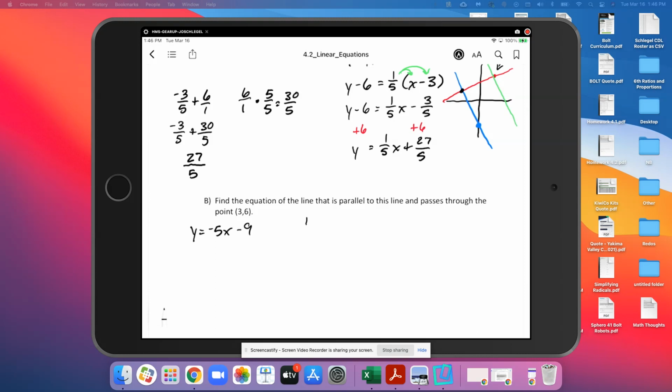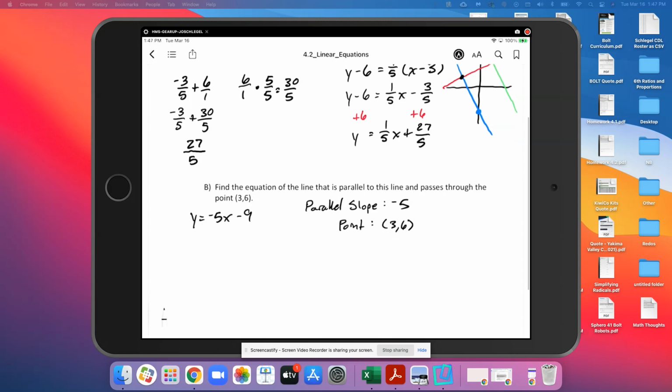And so since we want a parallel line, the slope will be the same. So the parallel slope would be negative 5. And we need to pass through the point 3, 6. So we have a slope, we have a point. We need to use point slope form.